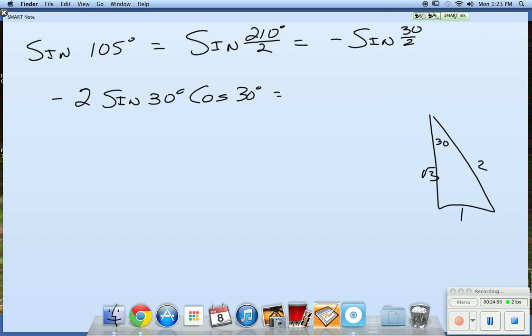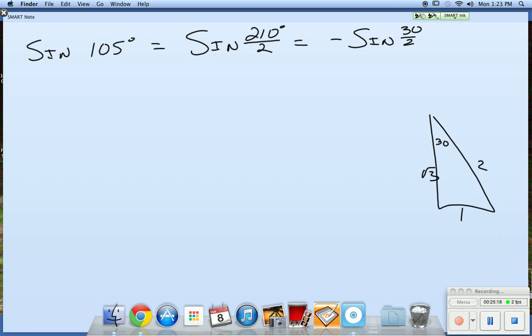Looks the same, doesn't it? Oh, no, it doesn't, because I'm using double angle. I'm using the wrong one here. Excuse me, this is half angle.